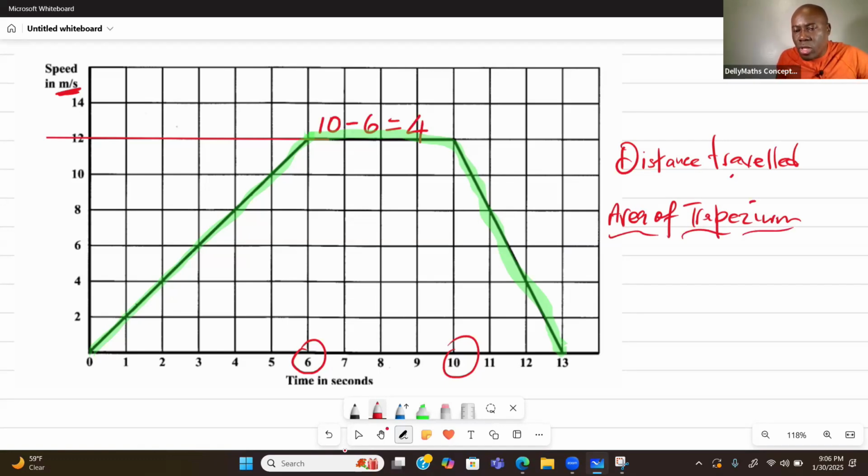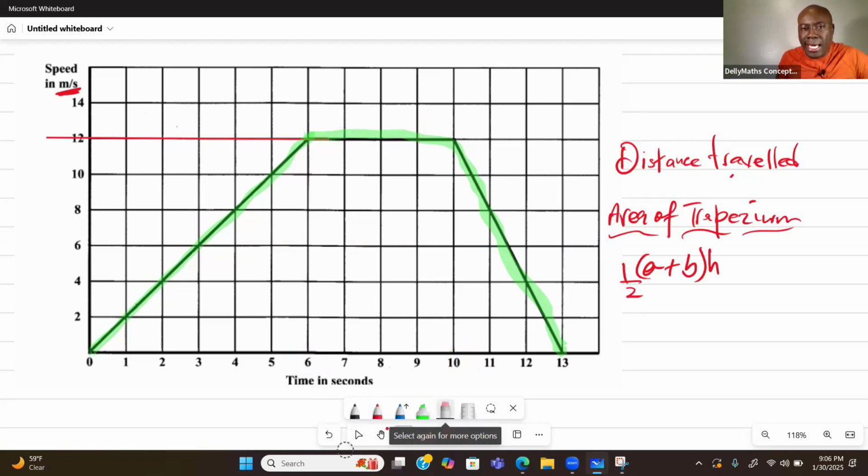How do you find the area of a trapezoid? The area is equal to half times (A plus B) times H. A plus B refers to the sum of the parallel sides. One of the parallel sides here was 4, which we found out earlier.